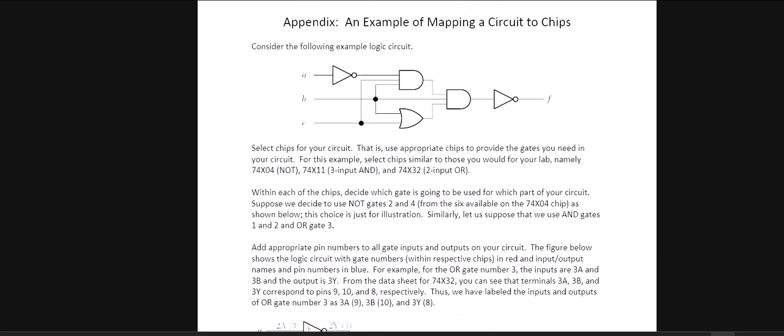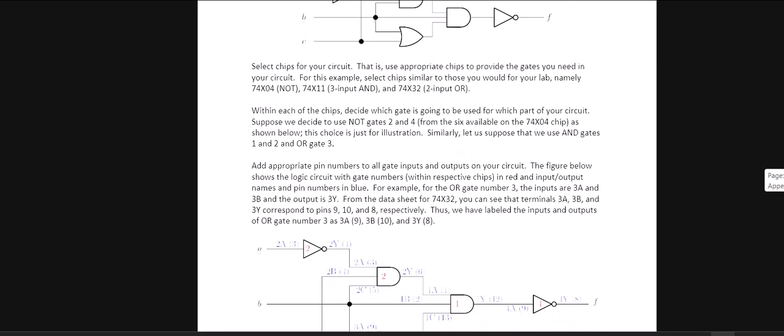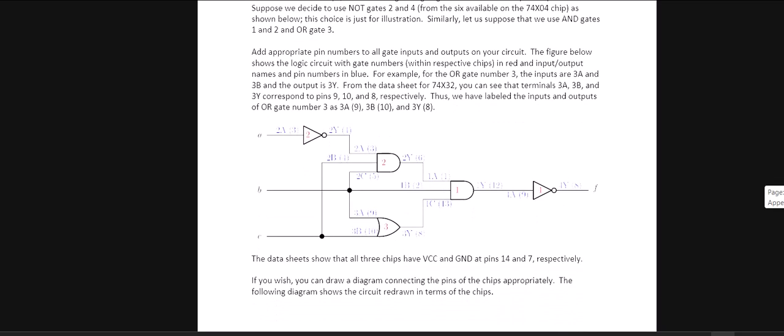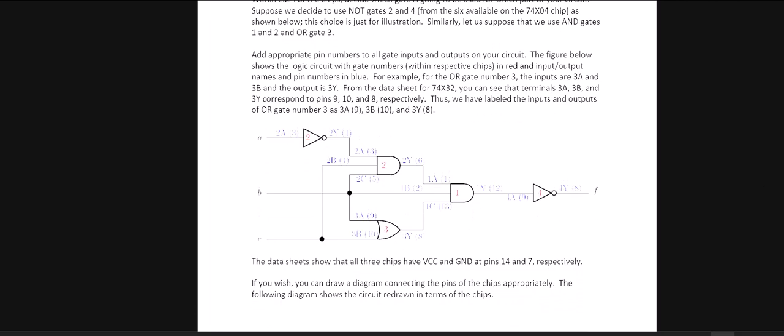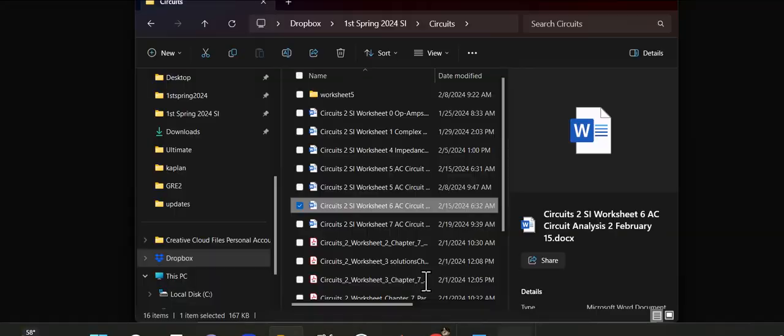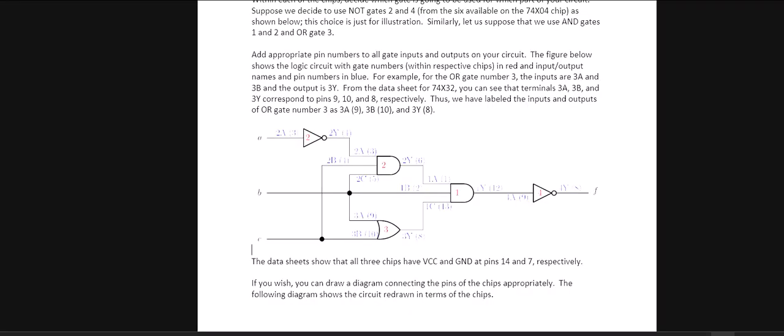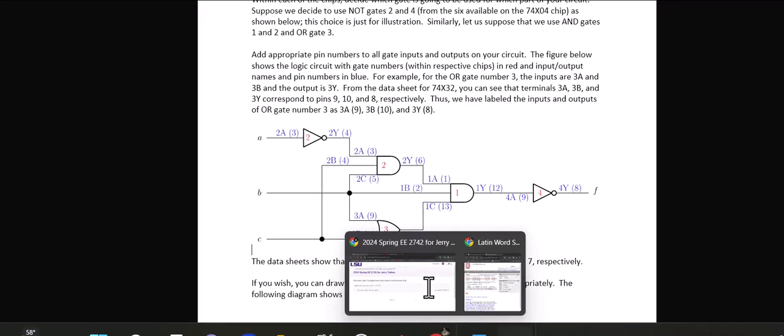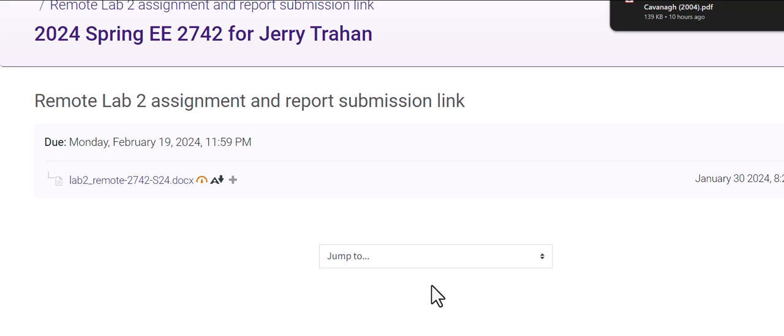So we've got the circuit drawn like we have here, and then we are going to figure out which chips we need, and then we're going to label it like we have here. And we'll see that when we look at the data sheets for the chips. So let's get the data sheets for the chips. If you have not already done so, you get them from the website.